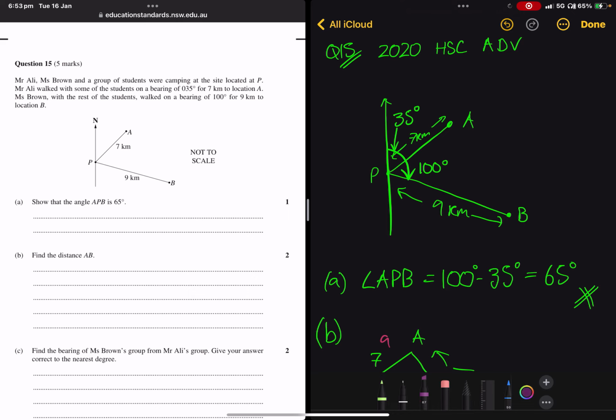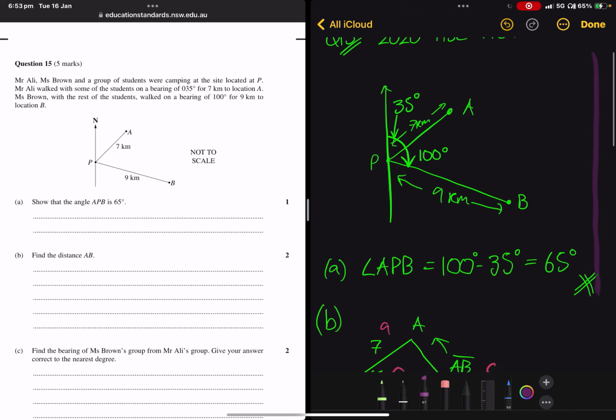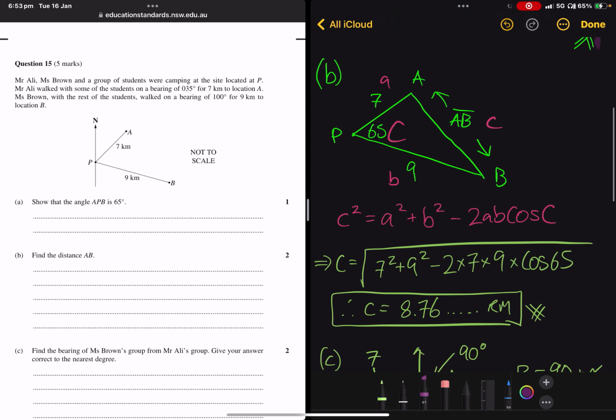So the marker guidelines here, for the first part, you really just need to get the 65. The correct solution gets you the 1 mark. And then you should have some working for that. 100 minus 35 is going to be suitable. For part B, you can get 1 mark for attempting to use cosine rule to find the distance AB, but failing to do it correctly.